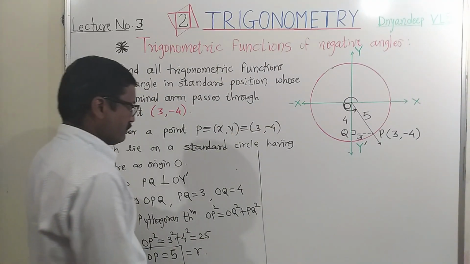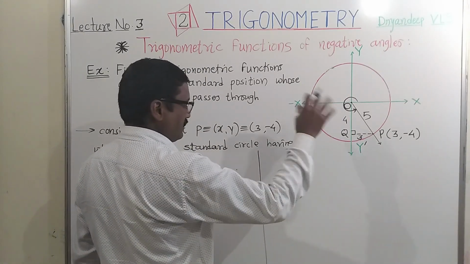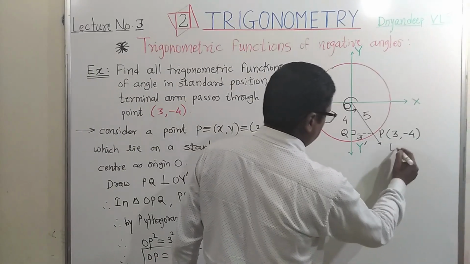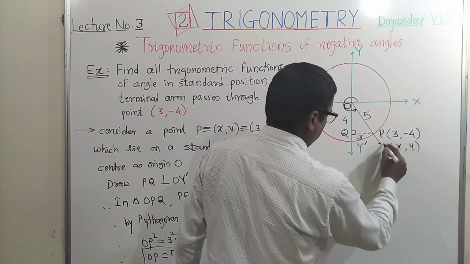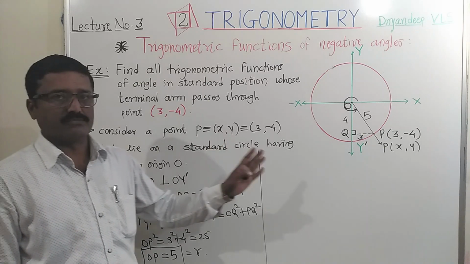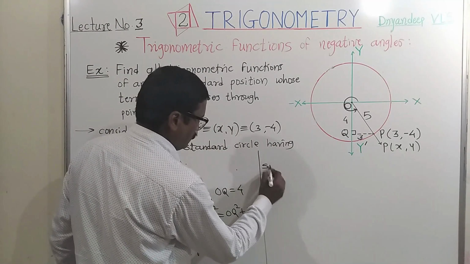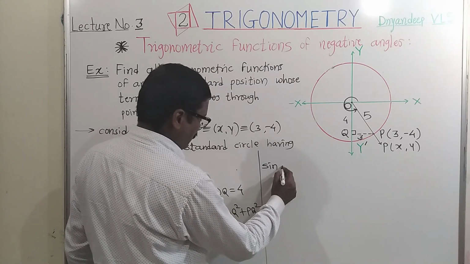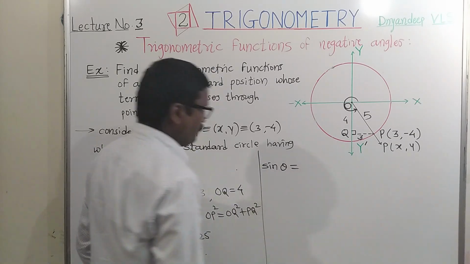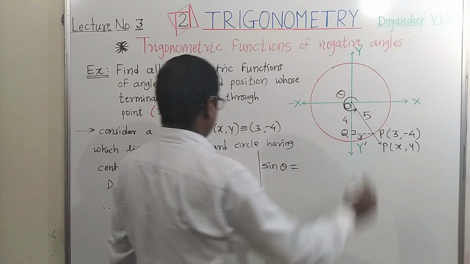So for that, in general, we can write using these coordinates as x and y, and knowing r, we can write trigonometric ratios in terms of x, y, and r, and from that directly we can write all the values. Here, for the point 3, minus 4, we are supposing this angle as theta.